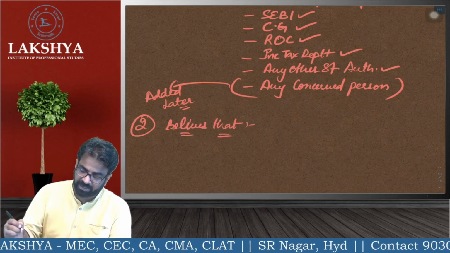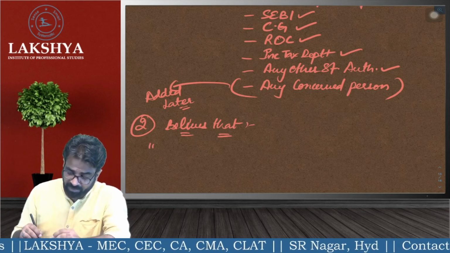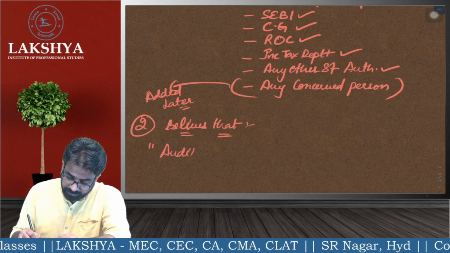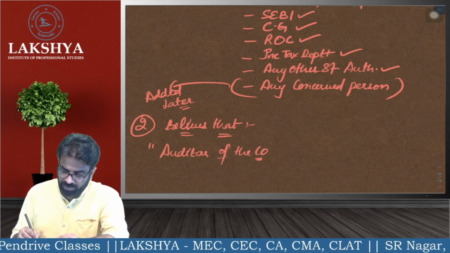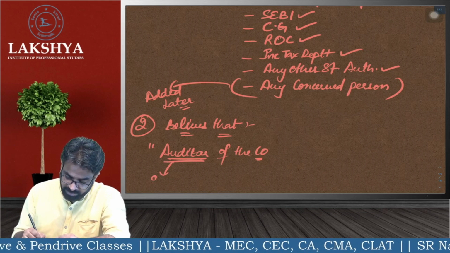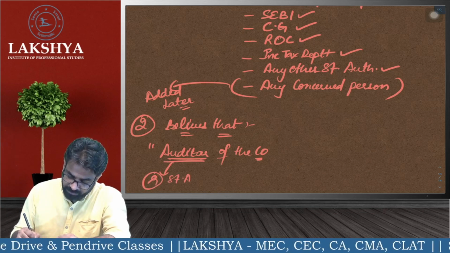They all believe that, I'm writing in inverted commas, now listen carefully, auditor of the company. Now tell me one thing, which auditor am I talking about? Obviously the statutory auditor.